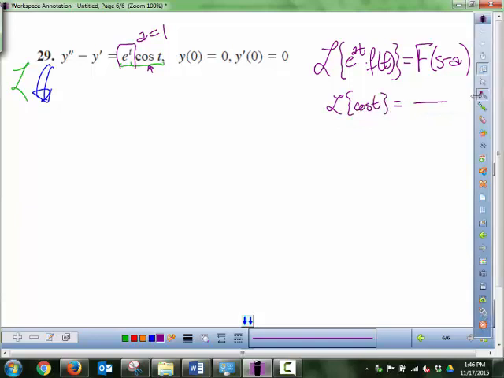And this is the first time we've worked with this. What is it? It's s over s squared plus the coefficient, which is 1, squared. And on top, I think it's either 1 or s. Which one is it?